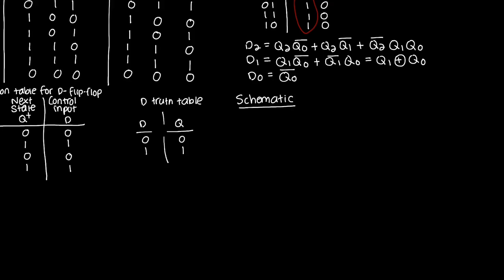So now let's see how this actually applies in practice. How am I going to build my counter? So first of all, we've agreed that we need 3 flip-flops, and those were the flip-flops corresponding to D2, Q2, D1, Q1, and D0, Q0. So let's go ahead and draw the 3 flip-flops.